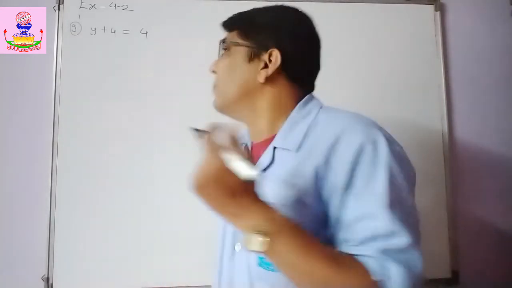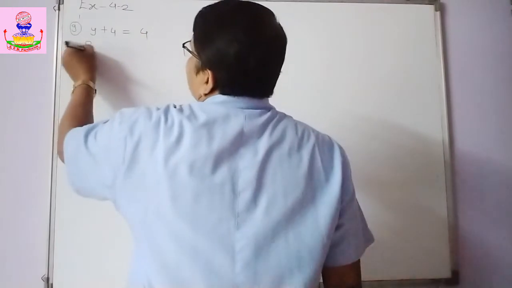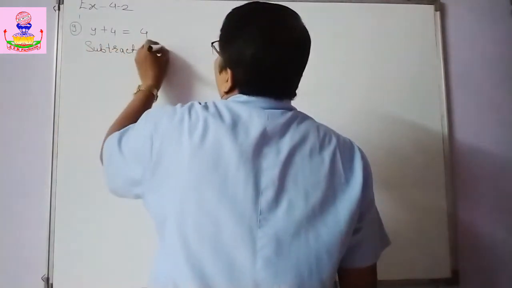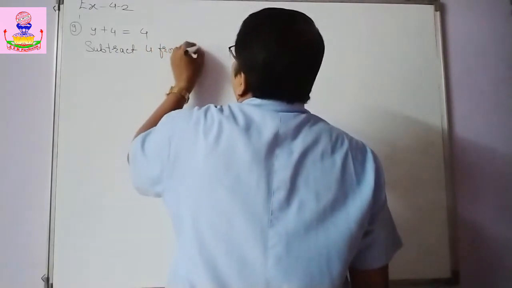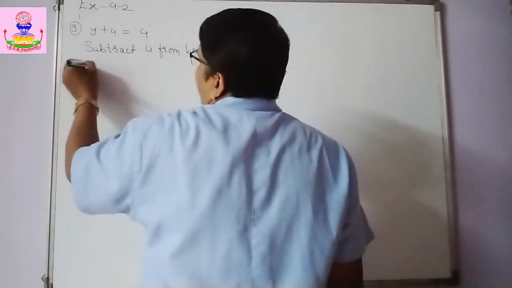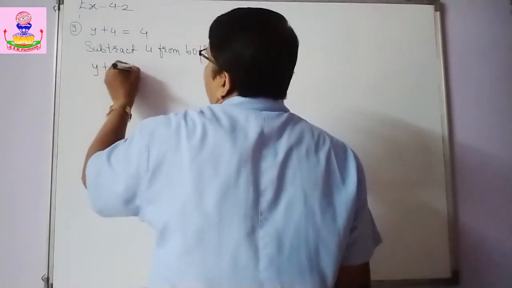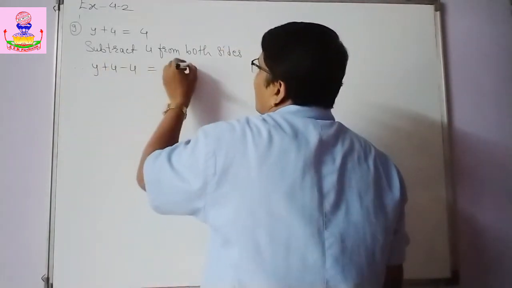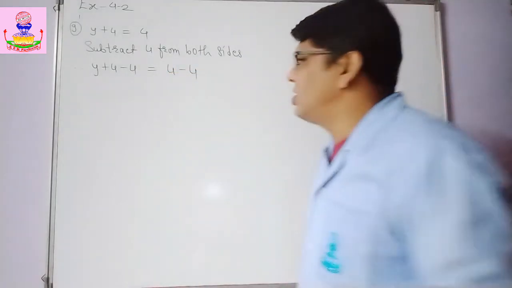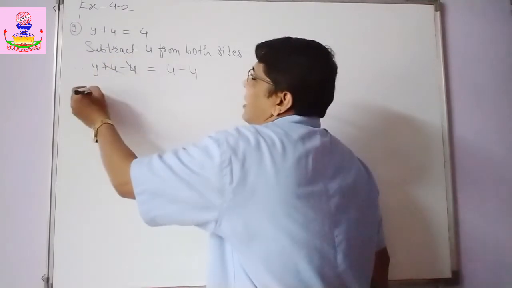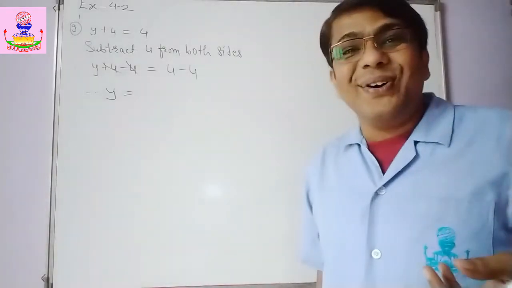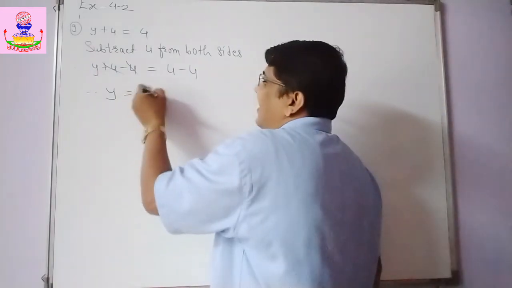Yes, exactly, 4. So subtract 4 from both sides. Therefore y plus 4 minus 4 is equal to 4 minus 4. Now plus 4 minus 4 is 0. Therefore what is left is y. And here 4 minus 4, oh my god, 0.